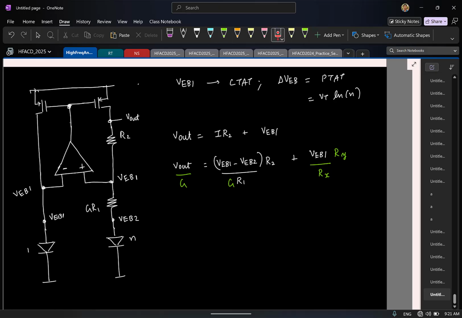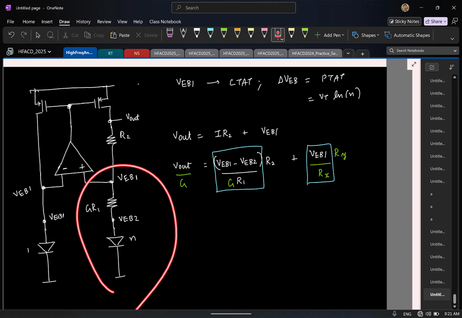Now you can think of it this way. I have a current which is this thing. I have another current which is this quantity, right? So this current is generated because of the current flowing in this resistor. Let us say now I wish to generate a current which is VEB1 by Rx.